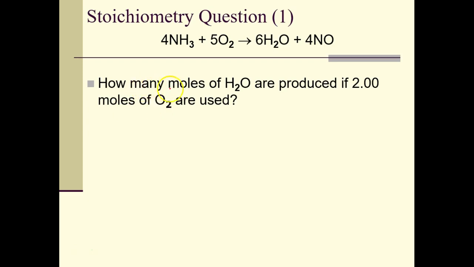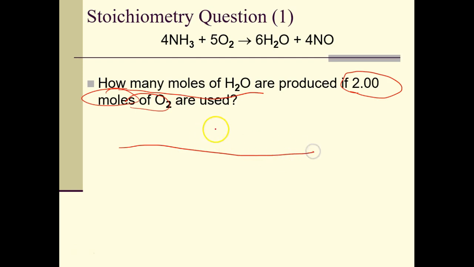It says, how many moles of H2O are produced if 2 moles of O2 are used. Just like we did before, you're going to circle what's given and underline what you're going to go to. Here is where we get our railroad tracks again. You put 2 moles of O2.